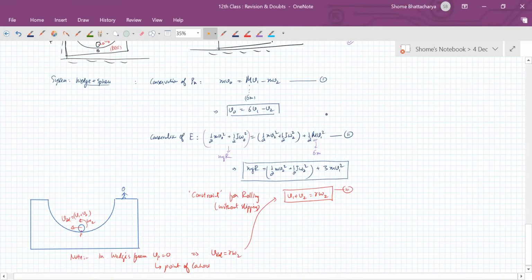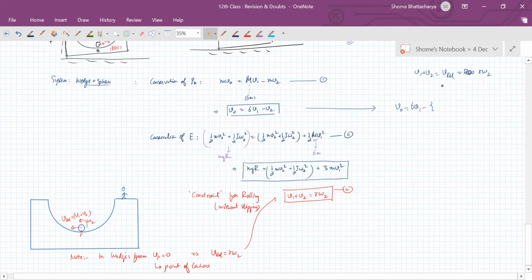Since we are solving for V1, it's a better idea to eliminate V2 first. But instead of V2 now we'll use relative velocity. So this equation we can write as V0 is equal to 6V1 minus, now see V1 plus V2 was V relative, which is r omega, small r omega.